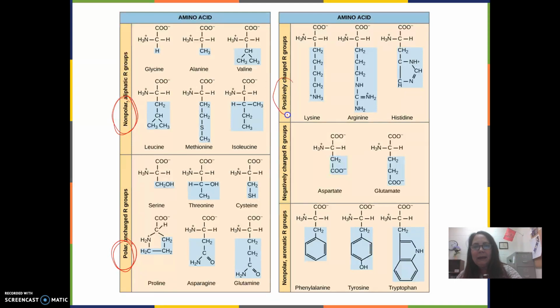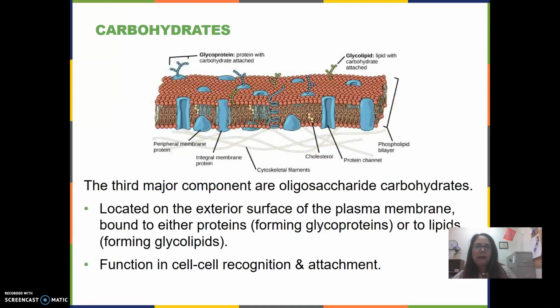Either way, polar or a charge, then it's probably going to be located either on the outside, attached to the phosphate heads on the outside of the cell, or on the inside, attached to the phosphate hydrophilic heads. And then here's another group that are nonpolar. So the nonpolar will tend to be located within the fatty acid tails.